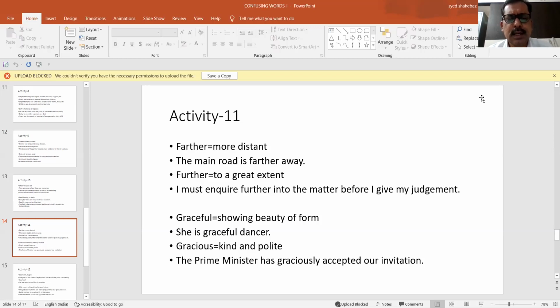Next, gracious, kind, and polite. The Prime Minister has graciously accepted our invitation. The Prime Minister has kindly or politely accepted our invitation. Gracious, kind, and polite. Graceful and gracious.